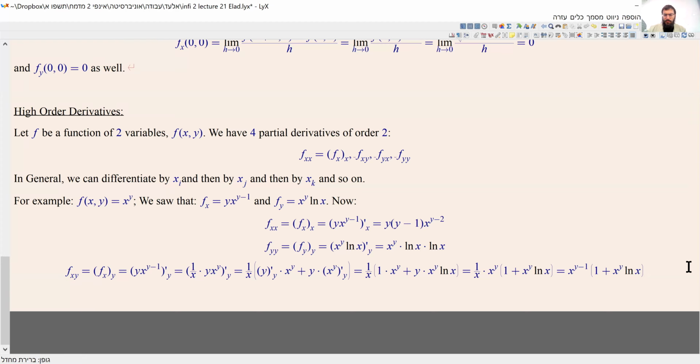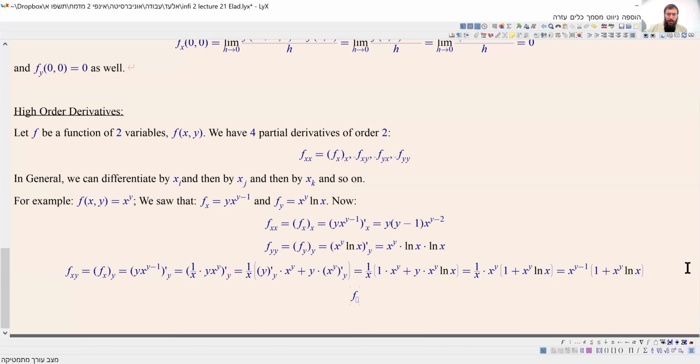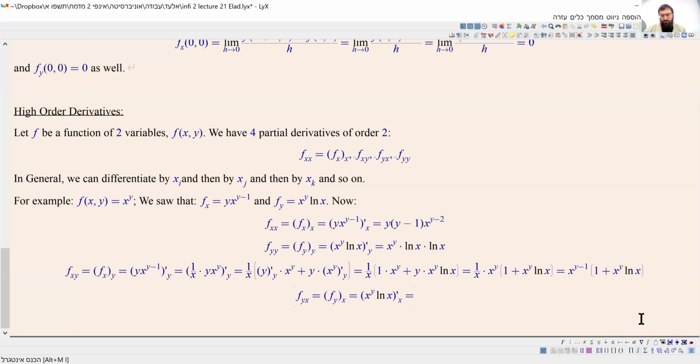On the other hand, if I want to calculate fyx, which is the derivative of fy by x, we need to differentiate by x x to the power of y ln x, and it's all over again a derivative of multiplication: the derivative of x^y by x multiplied by ln x plus x to the power of y multiplied by the derivative of ln x by x.